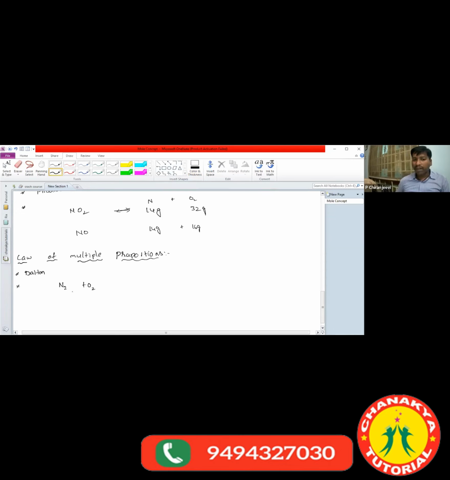Nitrogen gas reacts with oxygen gas and forms different products. So when nitrogen reacts with oxygen, it forms different products.